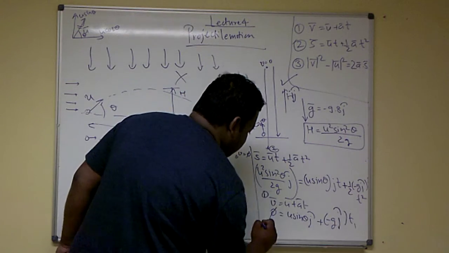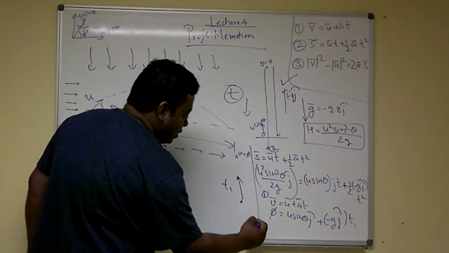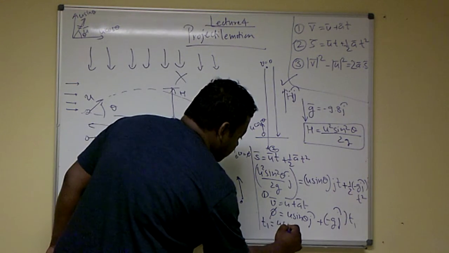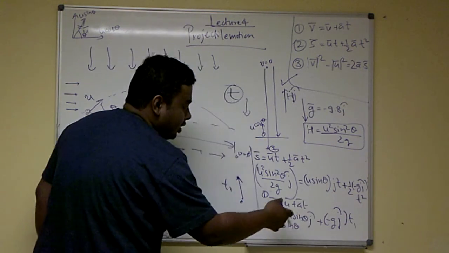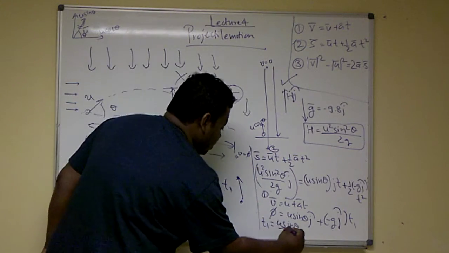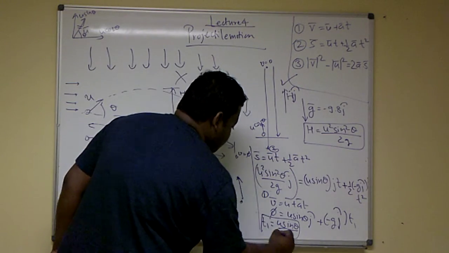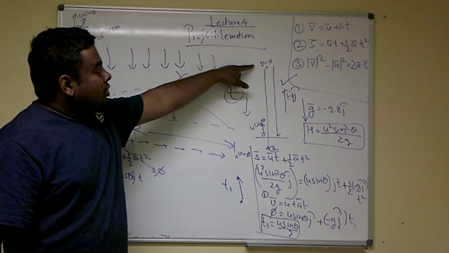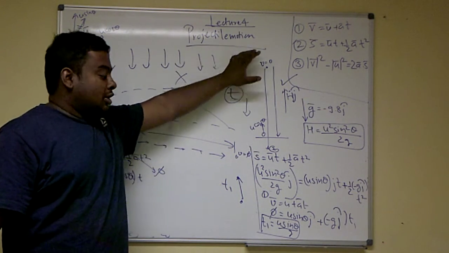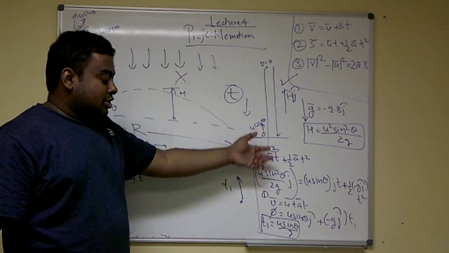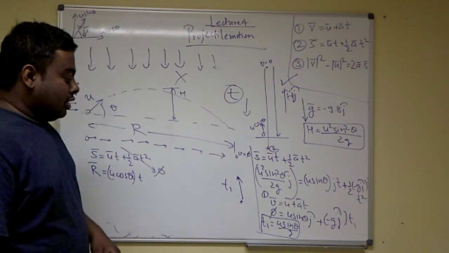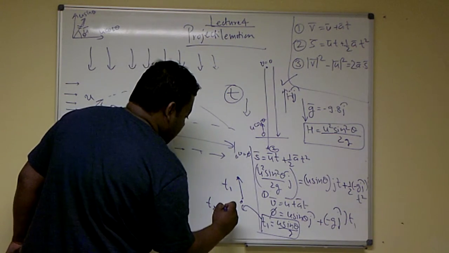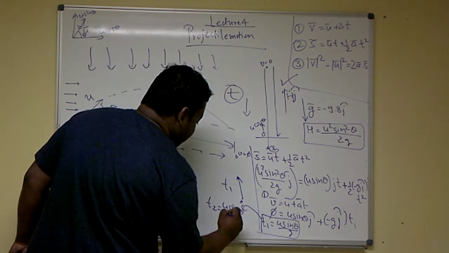For the first part, when the ball is only traveling in the upwards direction, your time t1 is u sine theta over g, because everything is in j cap direction, you can take it away. Similarly, when you solve for the time when the initial velocity is 0 and it has to travel the h distance, you'll get your second time. By symmetry, you will get that time to be also u sine theta over g.